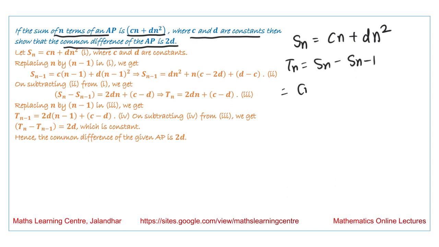So that is equal to Cn plus Dn square minus (C into (n minus 1) plus D into (n minus 1) square).